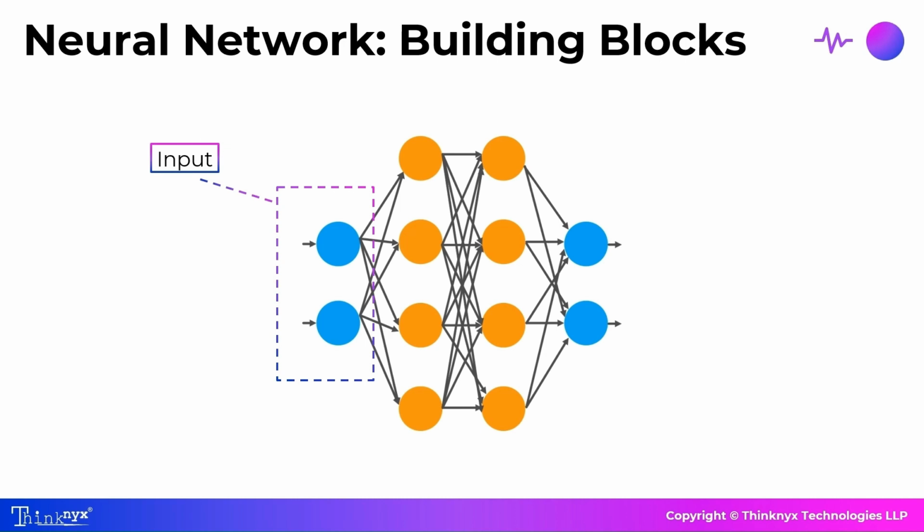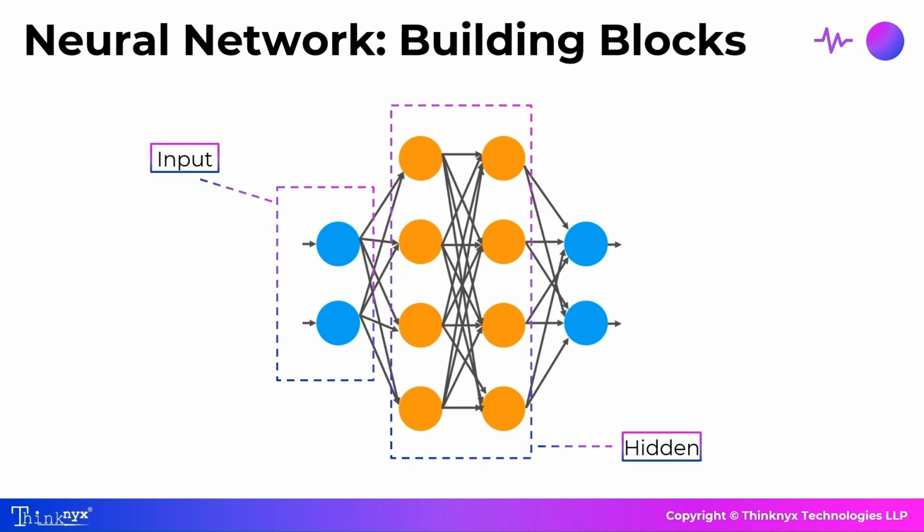As we move into the depth of the network, we encounter the hidden layers. There can be one or more hidden layers in the network. These layers are where the magic happens. Neurons in the hidden layers process the input data using weights and biases, transforming it through a series of mathematical operations. The hidden nature of these layers refers to the fact that they are not directly observable in the input or output.